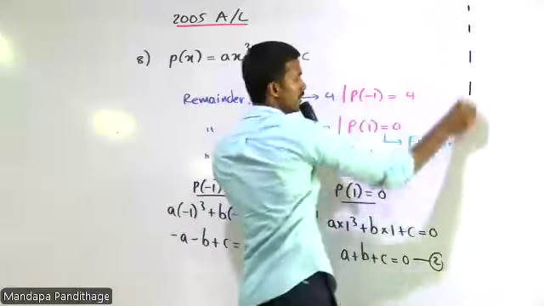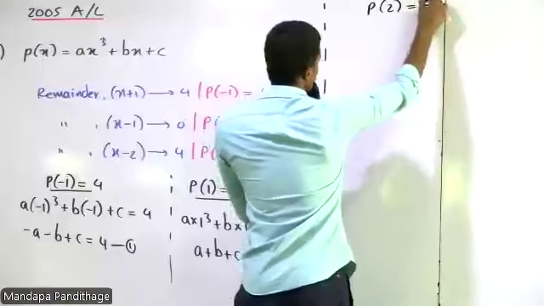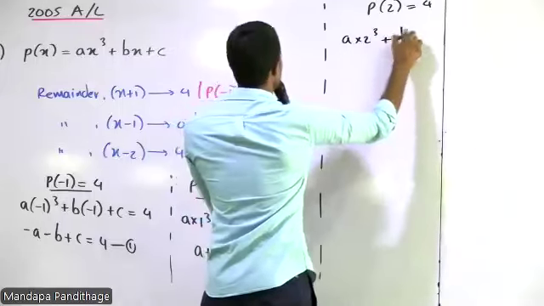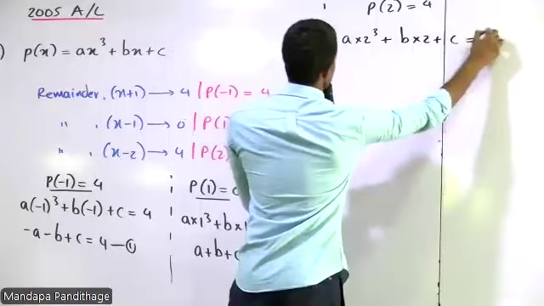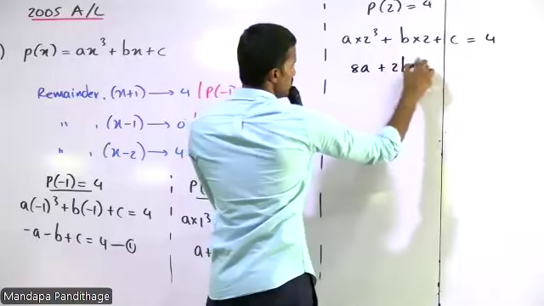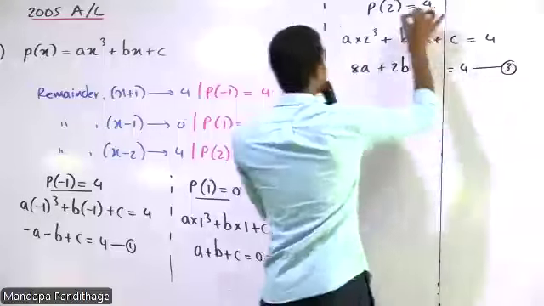What is your third one? It's P(2) is equal to 4. So what is P(2)? a into 2 cubed, b into 2 plus c is equal to 4. 8a plus 2b plus c is equal to 4. Okay, so I have 3 simultaneous equations.